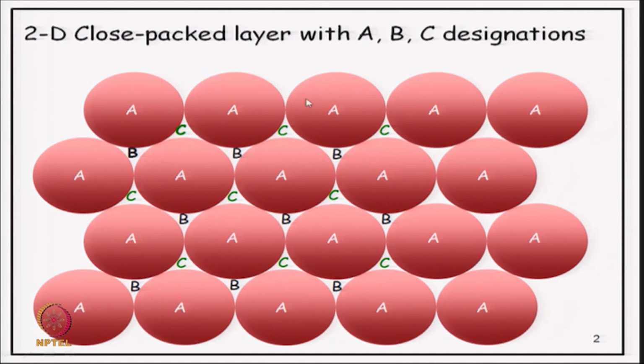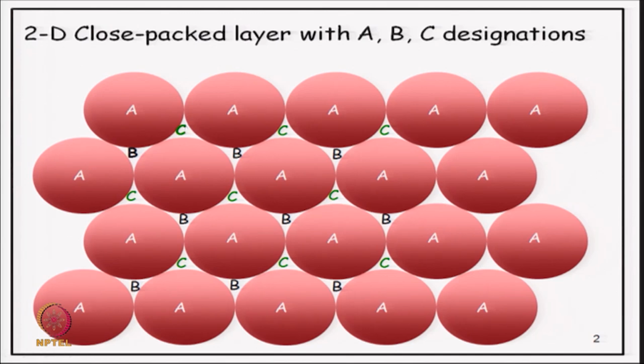In a single layer, which is shown here, all spheres are known as the A spheres, or the entire layer is known as the A layer. In this one we have two kinds of crevices, the B crevice centered on an upward pointing triangle of A, or a C crevice centered on a downward pointing triangle of A. And we have seen that the next layer spheres can be placed either on B or on C, but not on both.